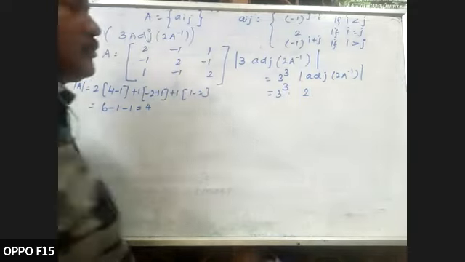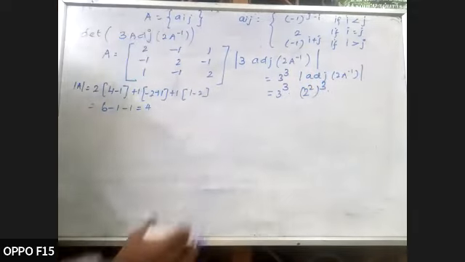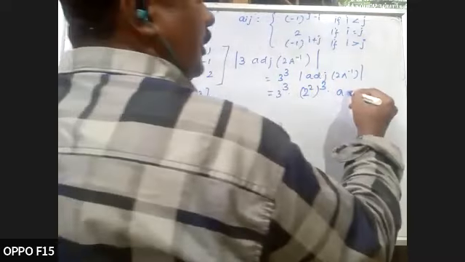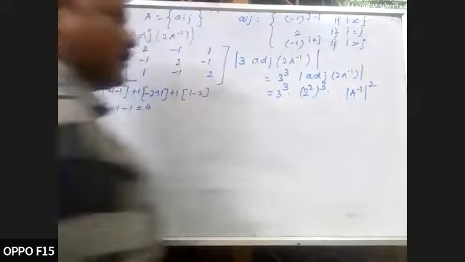This will be 2 power n minus 1, 2 square whole power 3. Then the determinant of A power minus 1, the whole square, comes.